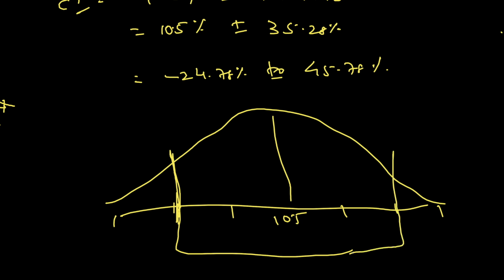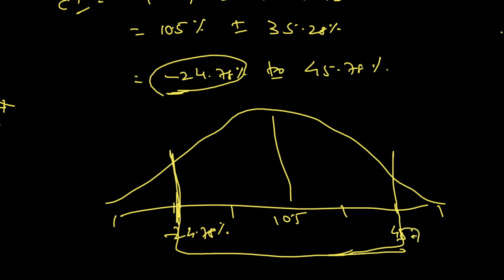So the range is minus 24.78 percentage to 45.78 percentage. I can say with 95 percentage probability that the returns will be between minus 24.78 percentage and 45.78 percentage. This is the confidence interval.